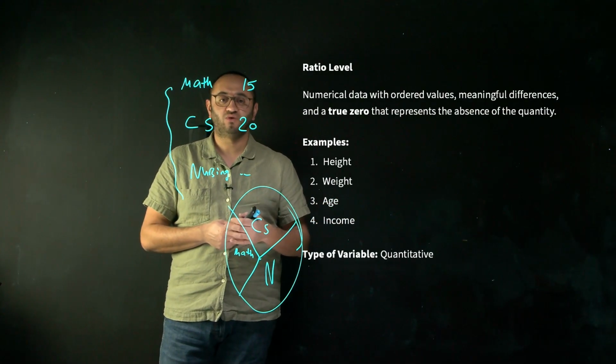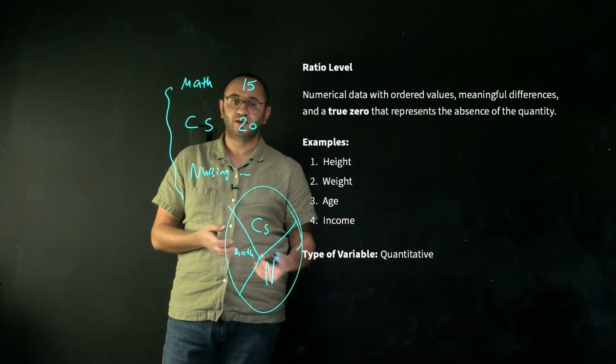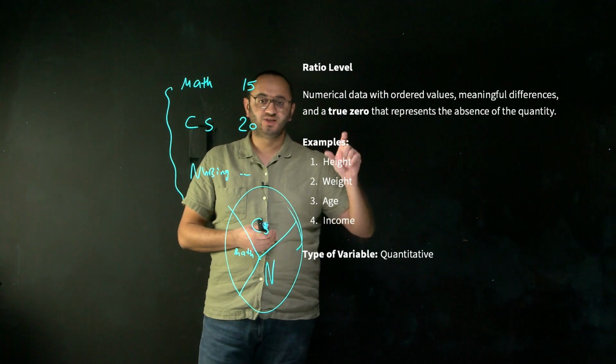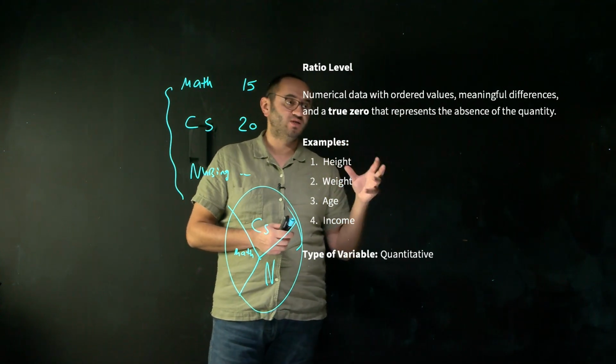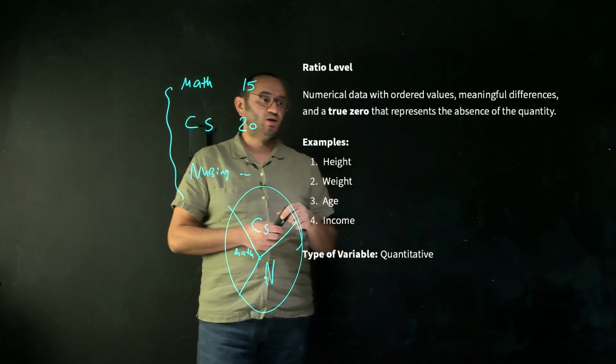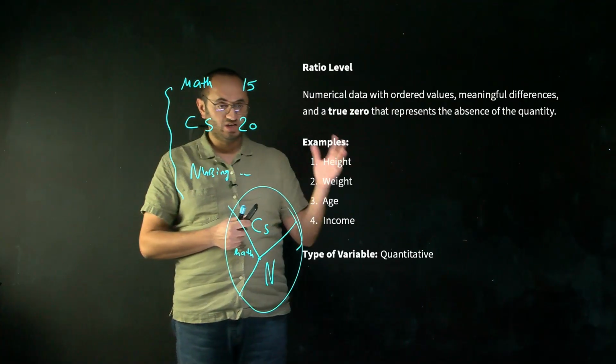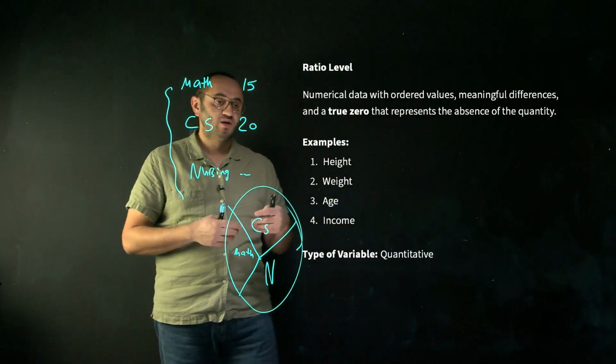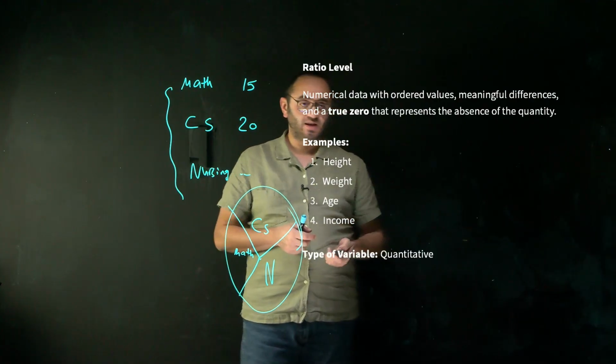Or how much money do you have in your bank account? When you say 0, this means you don't have money, right? So this 0 is a real 0. In this case, it's called ratio level of measurement. And again, ratio and interval are examples of numerical or quantitative data.